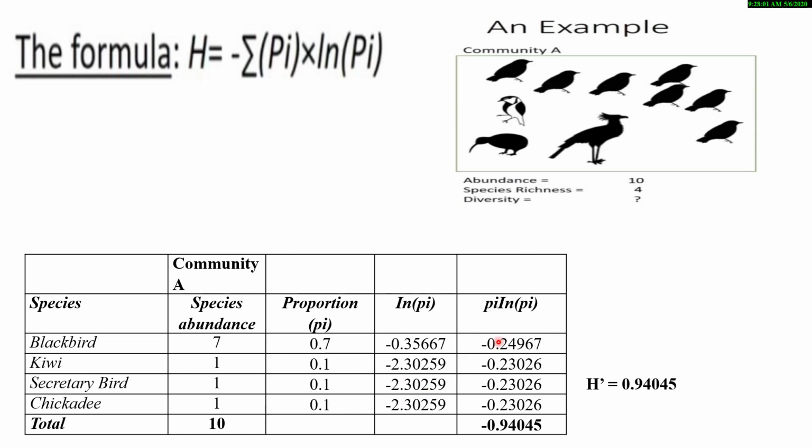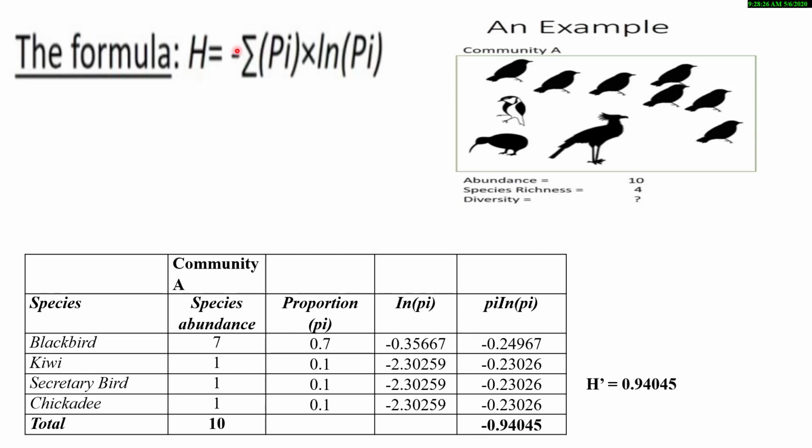How do we compute the Shannon-Wiener diversity index? How do we compute the diversity? You have to add this. Take the summation of all these. You add all of these, and you will get minus 0.94045.